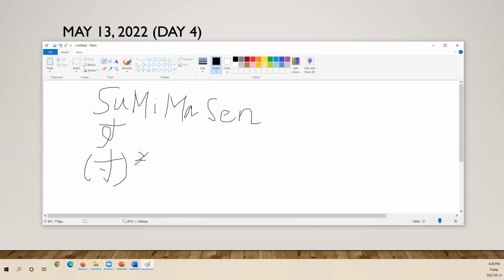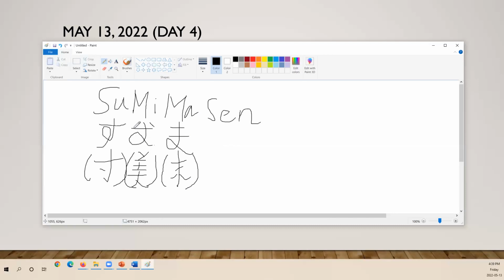The kanji that represents the sound is this. So it is derived into this, I think. Ma is what we just learned, the word that represents that sound, and it is written as this.